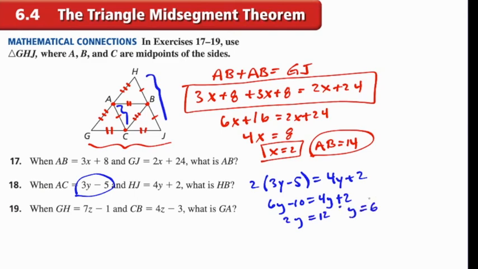And we get that y is equal to 6. And now HB is half of HJ, or we can say HB is congruent to AC. I can plug in 6 for AC. I get 3 times 6 minus 5, which gives us 13. So HB is 13.